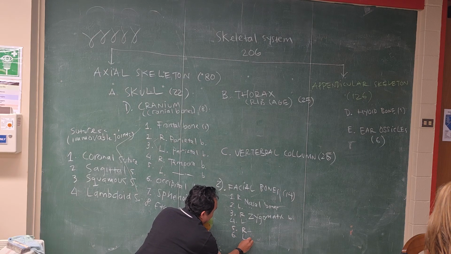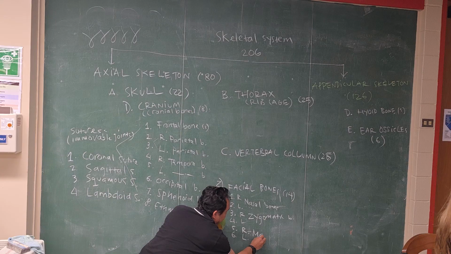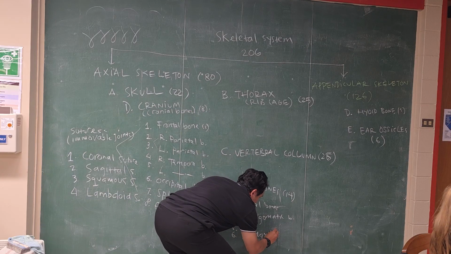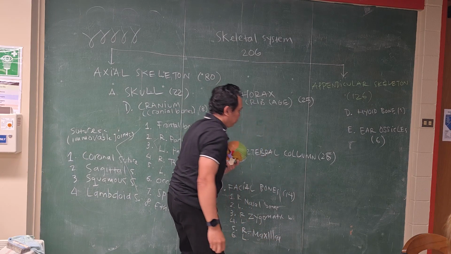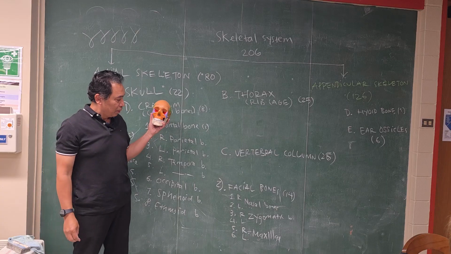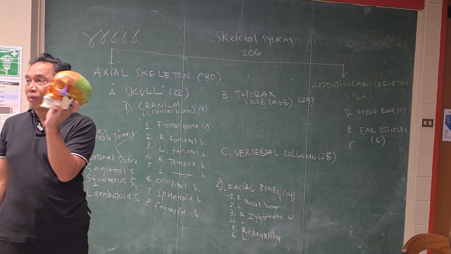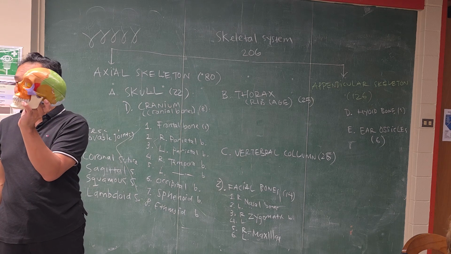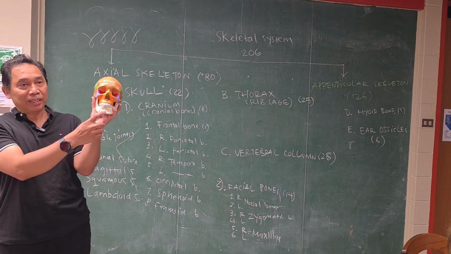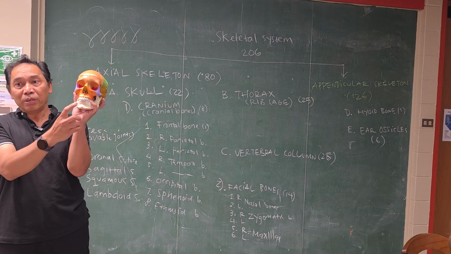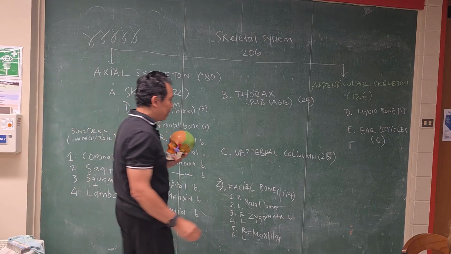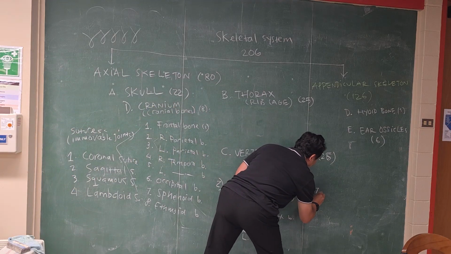Right and left maxillae, upper jaws. You got this one? Now we go under it, the lower jaw, which is going to be number 7. I'm going to put number 7 here.